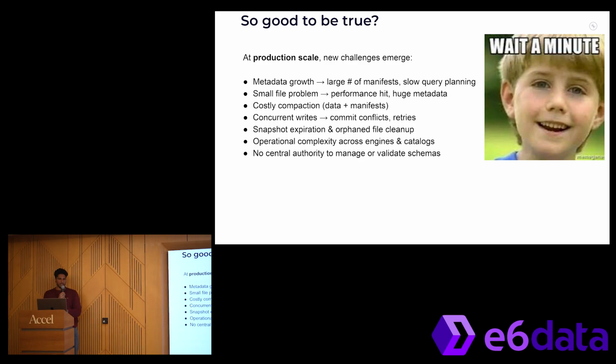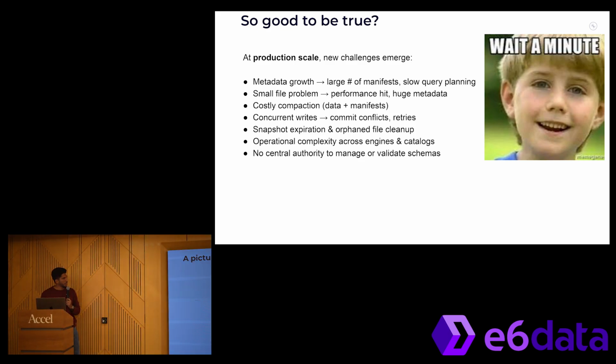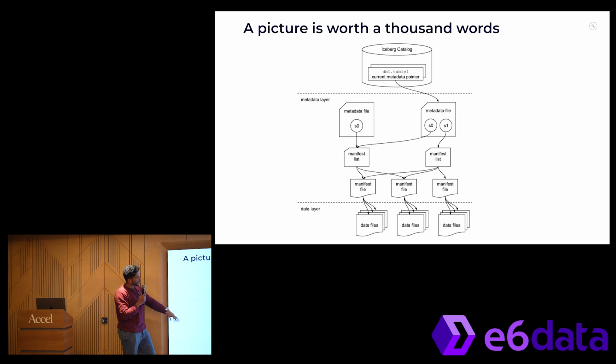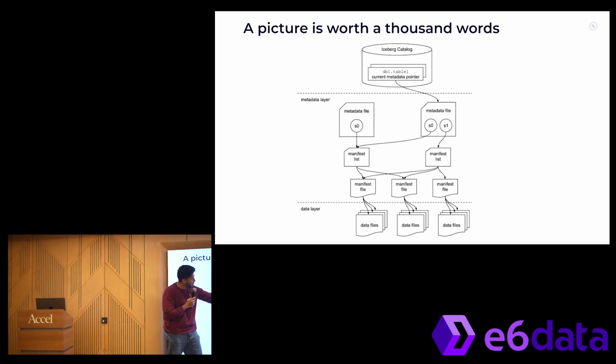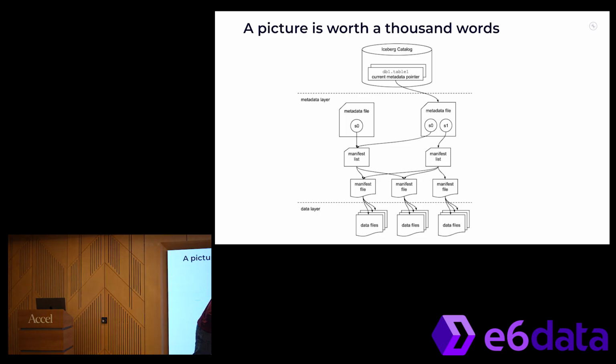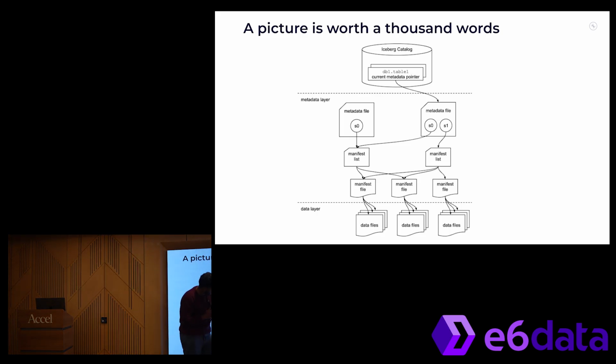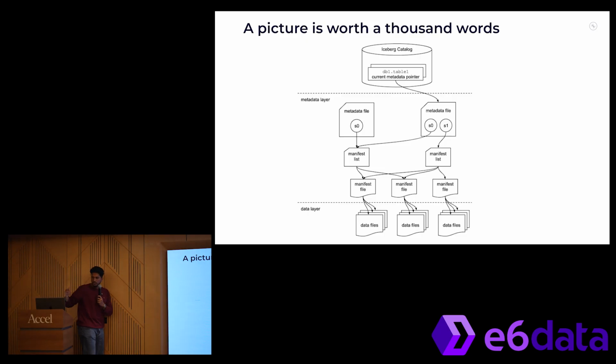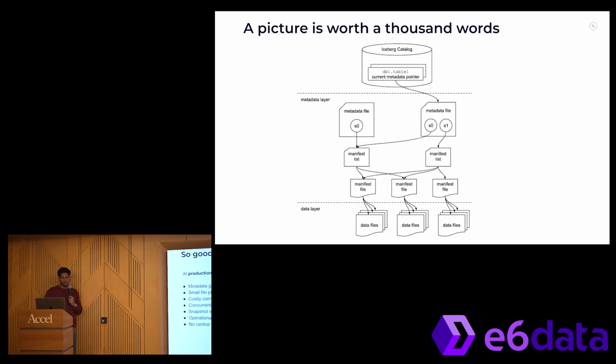So the first one is the metadata growth. If you see this tree again, snapshot 1 was created based on snapshot 0 plus the extra data files you added. So these two manifests were present here, and the third manifest was added with the new data files. So that's S1. You keep adding manifests, so the manifest count keeps increasing.